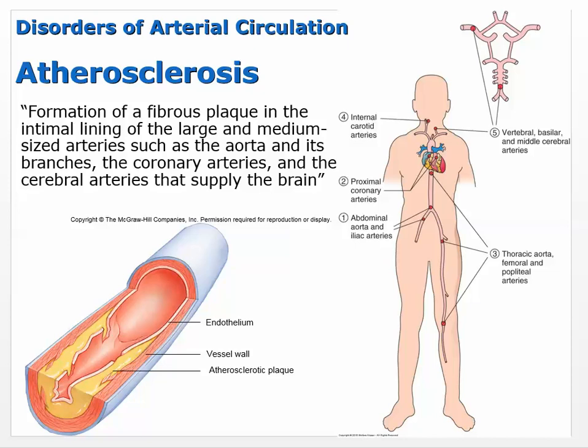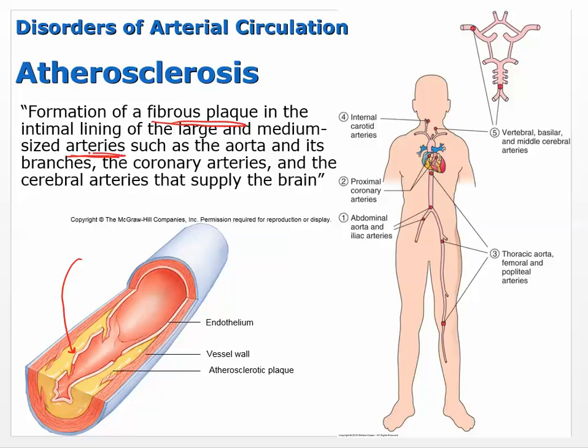Okay, now let's talk about atherosclerosis. First, let's define it. It is a formation of a fibrous plaque. So a fibrous plaque is going to be what we see here. It's a buildup of something in the internal lining of the large and medium-sized arteries.